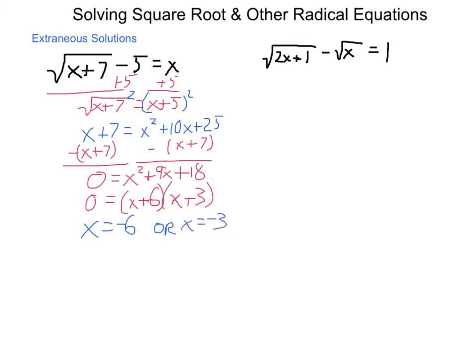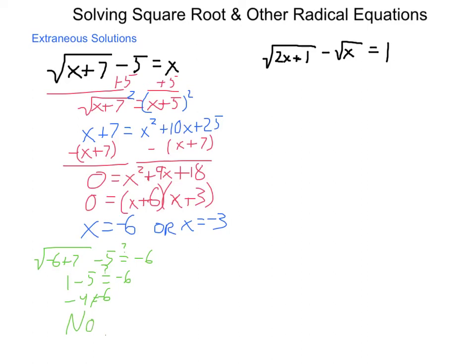Now going through and checking these, I'm running a little bit out of room, so we're going to check them shorthand. We have the square root of -6 plus 7 minus 5 is supposed to equal -6. -6 plus 7 is 1, square root of 1 is 1. Is 1 minus 5 equal to -6? -4 and -6 does not work out, so not a solution.